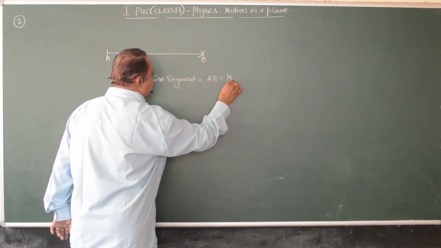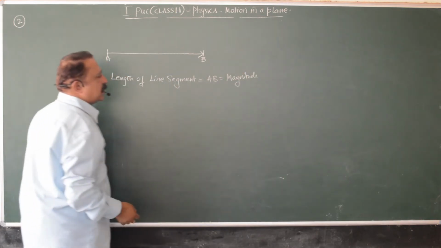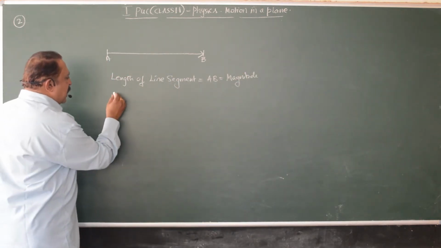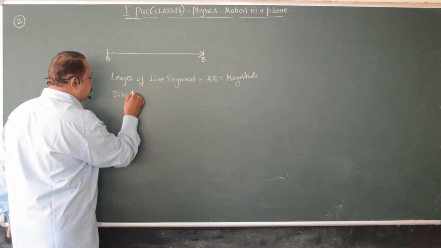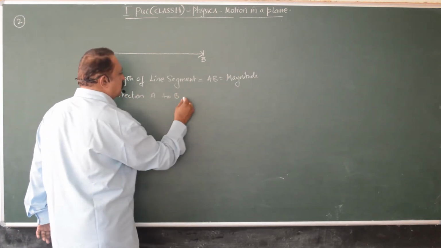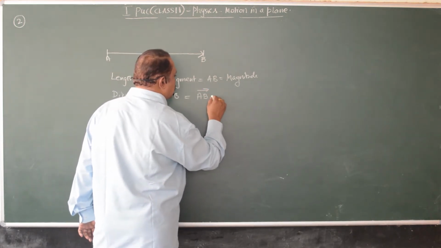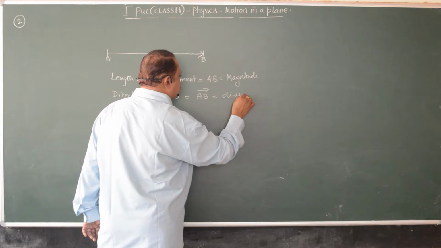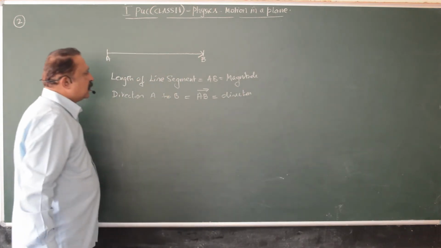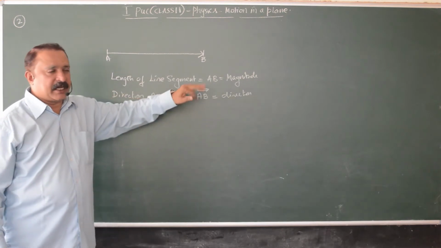This is called the magnitude of the vector, and the direction A to B represents the direction of the vector. So a vector has both magnitude and direction.